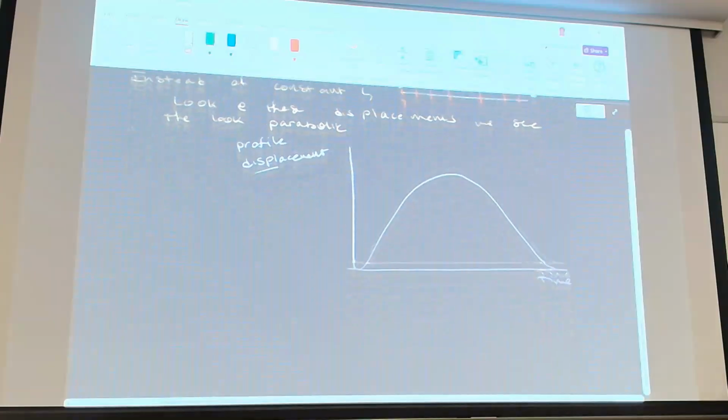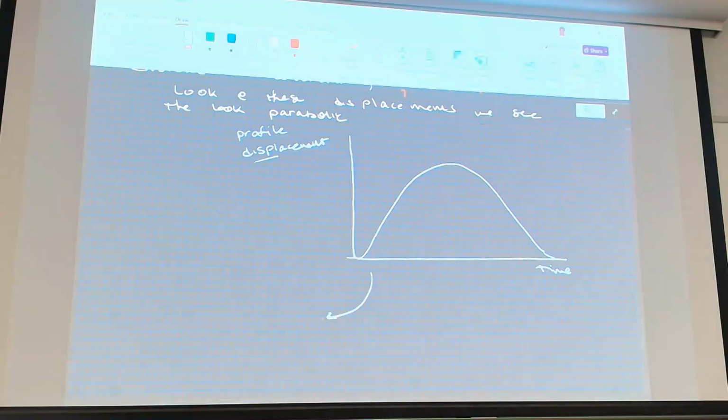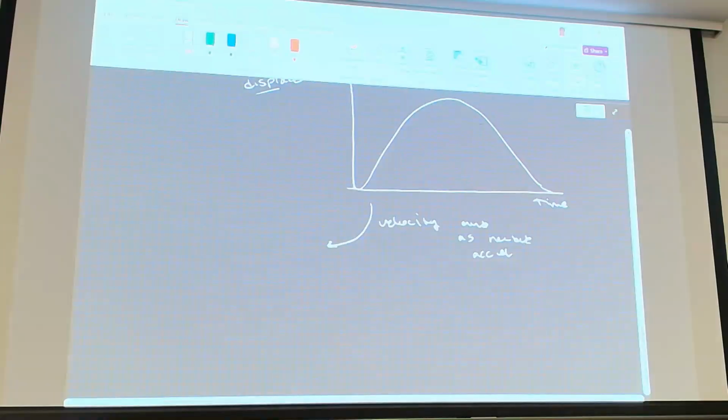That's the displacement profile, but we can also extend this so that we have velocity, and as needed, we could go to acceleration where we had the same idea.